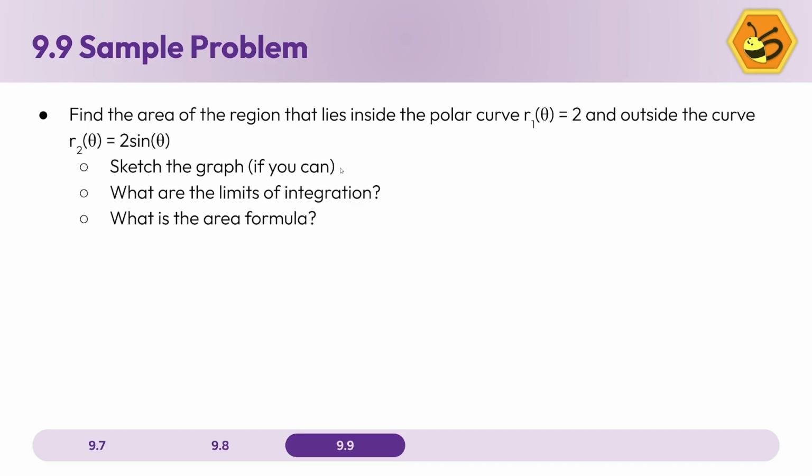If you can graph it, that will help you to double check if your answer is reasonable. And then we can use algebra to set the two functions equal to each other and find our limits of integration. And then just make sure we are remembering the area formula, because although it's similar to our area in Cartesian planes, it's a similar idea, it's still not exactly the same, so we just want to be clear.